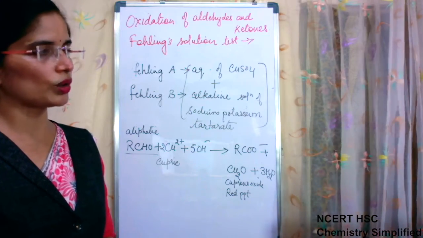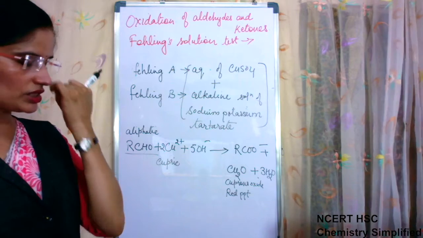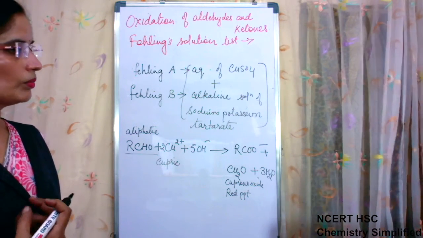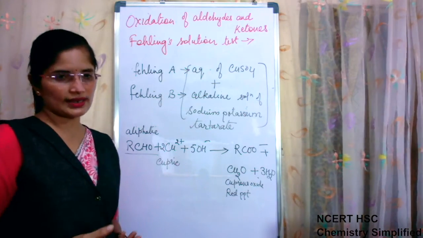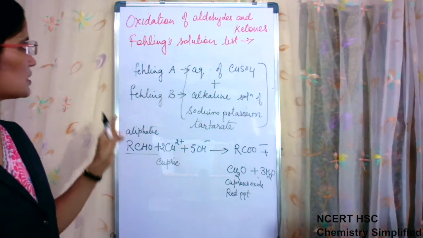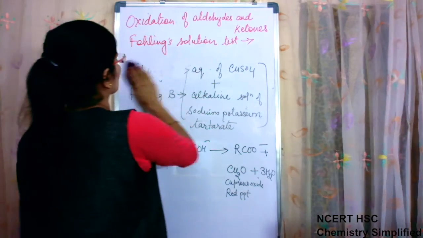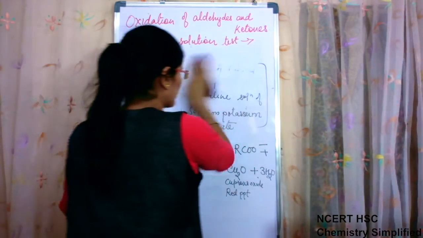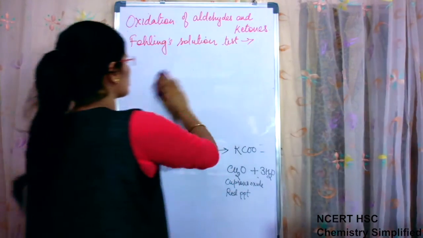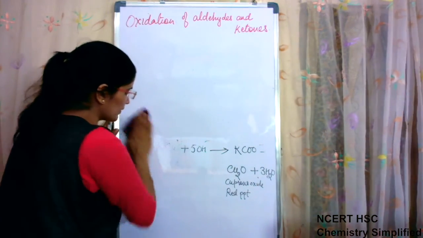It cannot oxidize aromatic aldehydes because oxidation of aromatic aldehydes requires a little stronger oxidizing agent as compared to aliphatic. So this is about the Fehling solution test, and this is also important as a property of aldehyde and ketone, and also as a test to distinguish between aldehydes and ketones. So for both ways it is important.